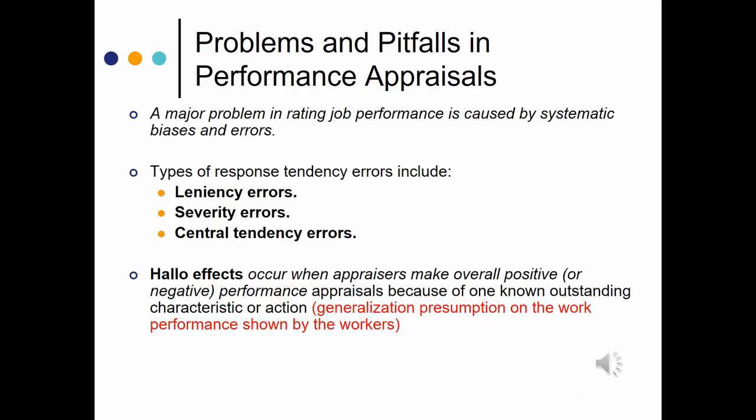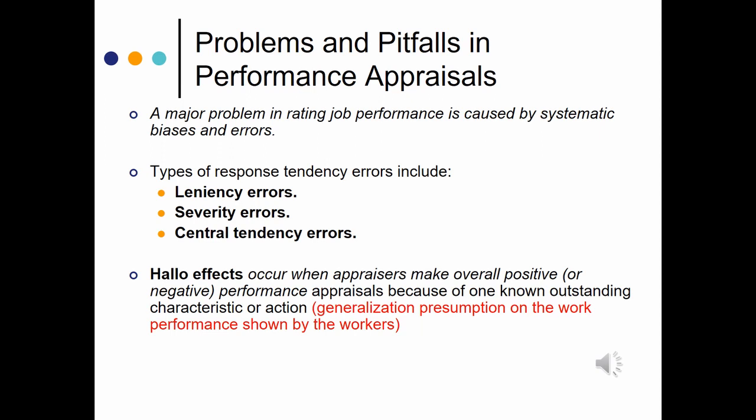Problems and pitfalls in performance appraisals: a major problem in rating job performance is caused by systematic biases and errors. Types of response tendency errors include, first, leniency errors. Leniency errors occur when the rater rates everyone at the favorable end of the performance scale.